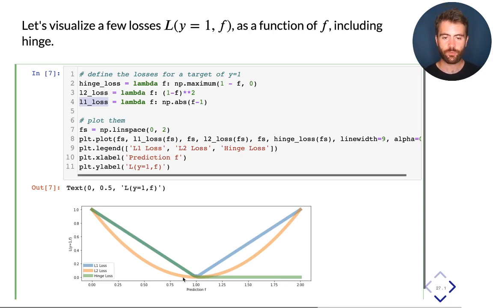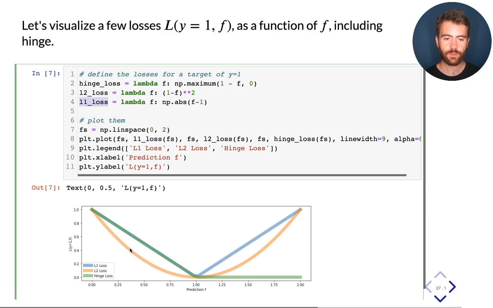This orange curve here is our familiar L2 loss. As you would expect, it is minimized when f equals 1. Our true target here is 1, so the minimum is at 1, and then it has this quadratic shape as we move farther away from the optimal target. If we're on either side, the loss increases.